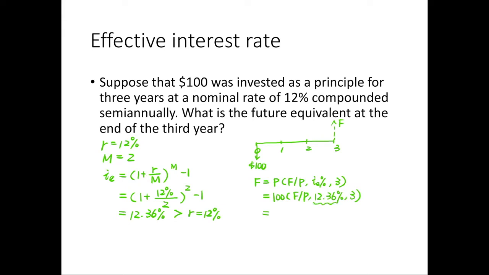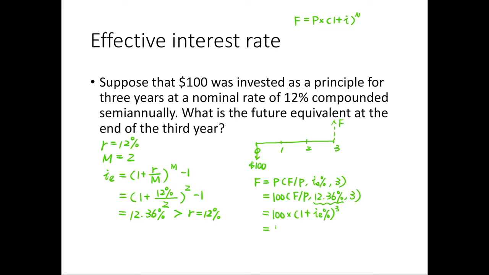Okay, so you don't have a table for the I equal to 12.36%. So you have to use the equation we have learned before. So the equation to find F given P is P times 1 plus I to the power of N. Okay, so now you have to use 100 times 1 plus I effective to the power of N, which is 3.